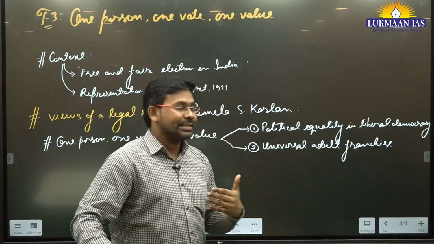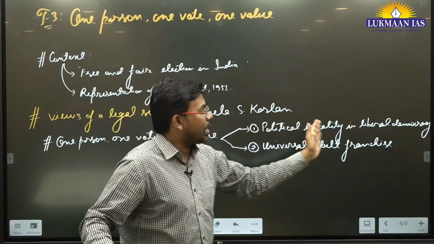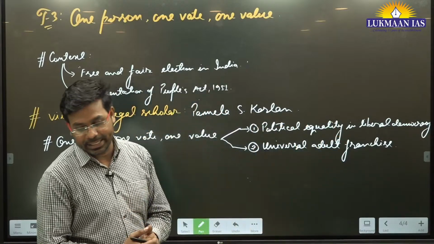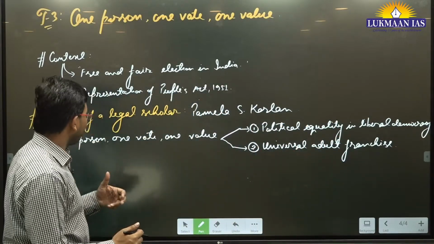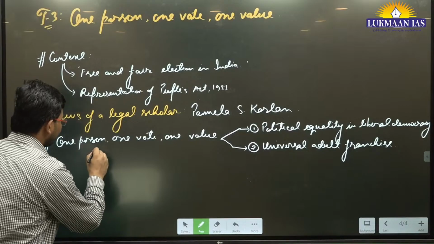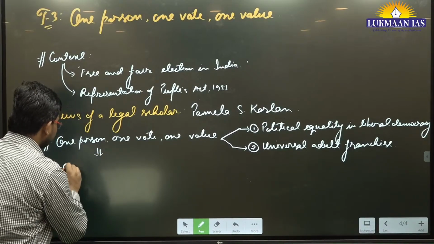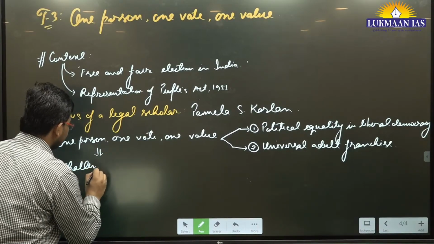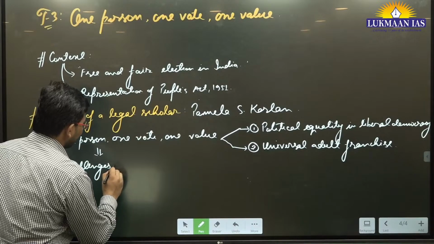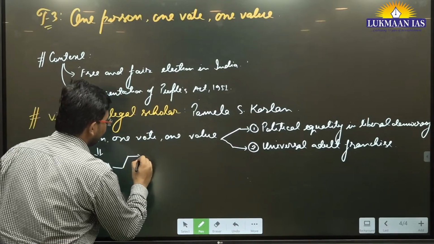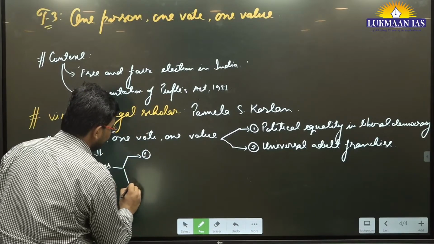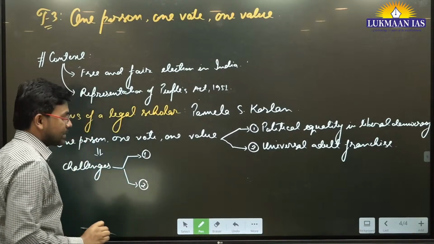So why is it needed? It is to give political equality in a liberal democracy like India. But what are the problems and challenges associated with this? The challenges can be considered twofold. We are going to discuss those challenges.